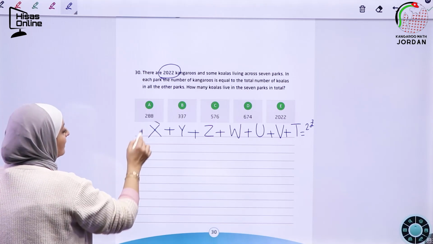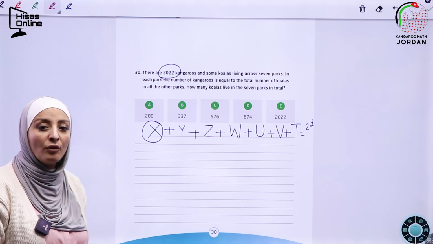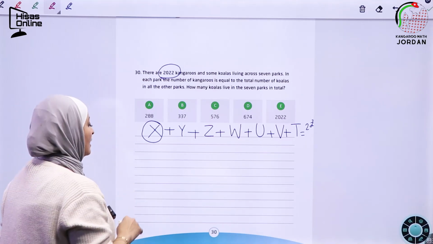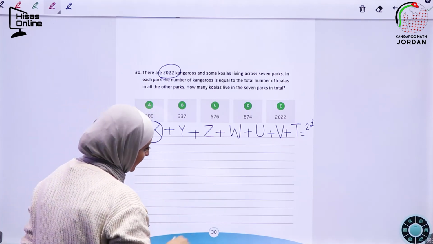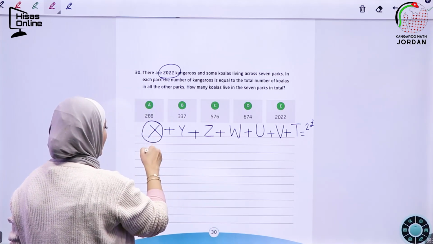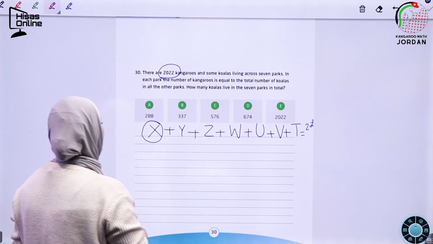But we know that each capital one, and let's make sure that we represent the lowercase for the koala type. In each region also we have a number of koalas but represented in the lowercase. So in region 1 it had small x plus small y and so on. So let's see how we can calculate this.